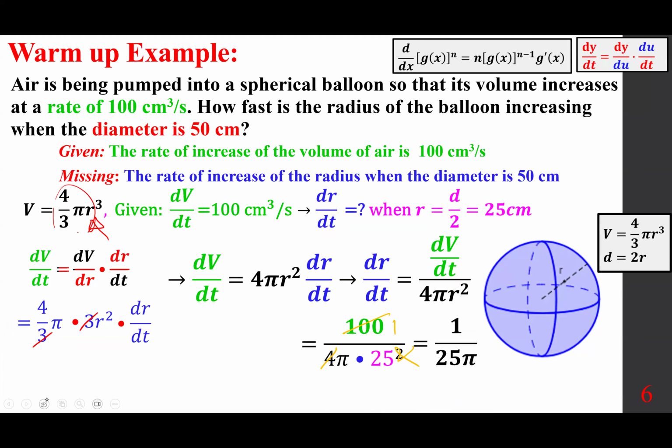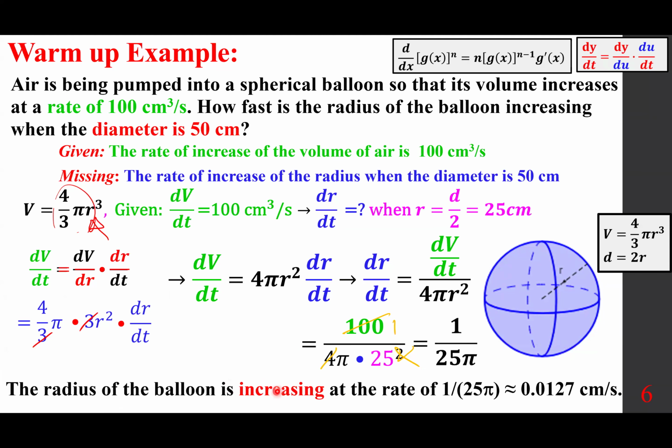This is the precise answer, which is positive, and that means increasing. So the radius of the balloon is increasing at the rate of 1 over 25 pi precisely, or roughly 0.0127 centimeters per second. Please understand your answer accordingly and give it however they want it, with however many decimals.